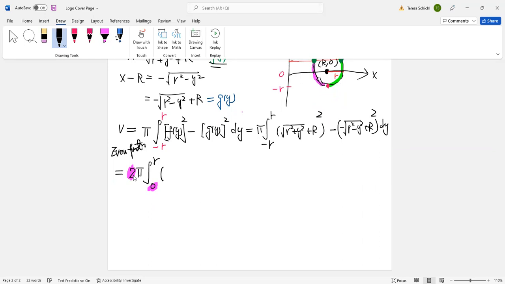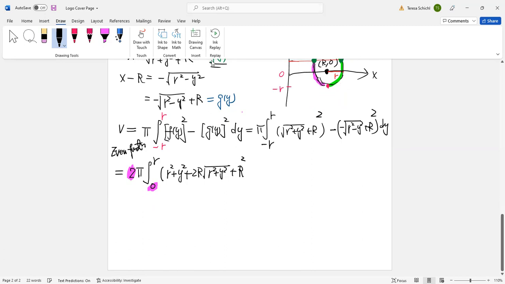Now let's distribute this one. So this will be r squared plus y squared, plus 2ab, so a 2r times the square root of r squared plus y squared, plus capital R squared.